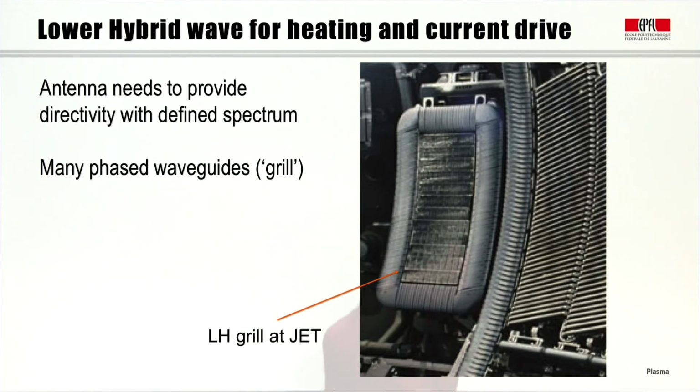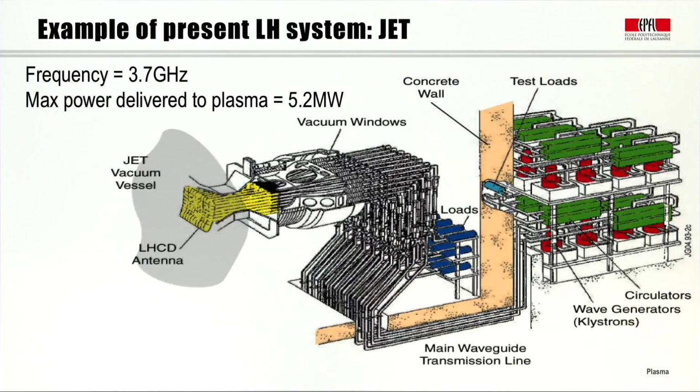So this is an example of a lower hybrid antenna, which we call a lower hybrid grill, installed in the JET tokamak plasma. And as an example of a complete lower hybrid system, I also use that of JET. The frequency is 3.7 gigahertz, and so far the maximum power that we have delivered to the plasma is slightly above 5 megawatts.